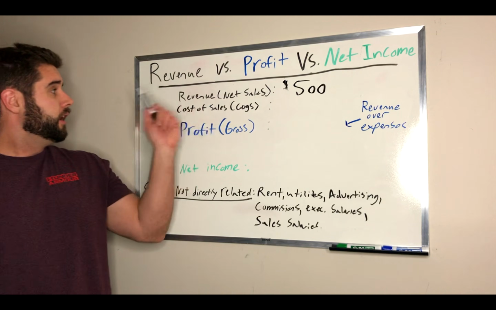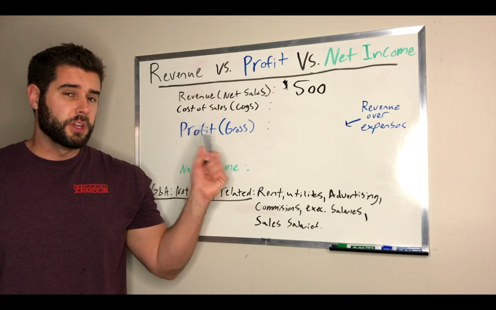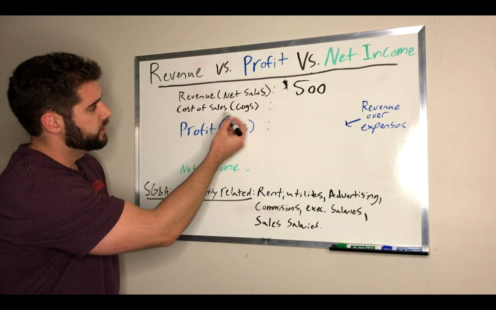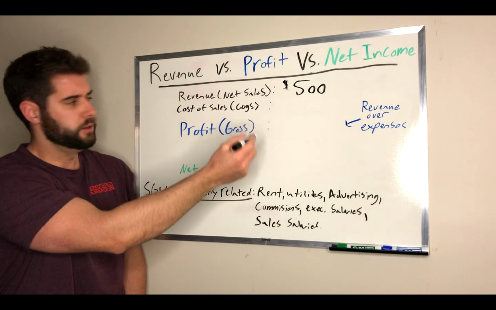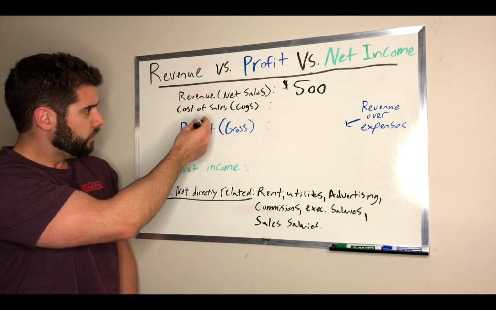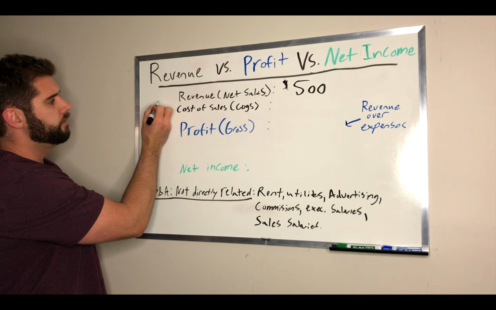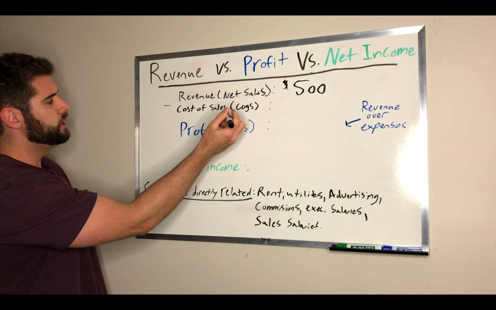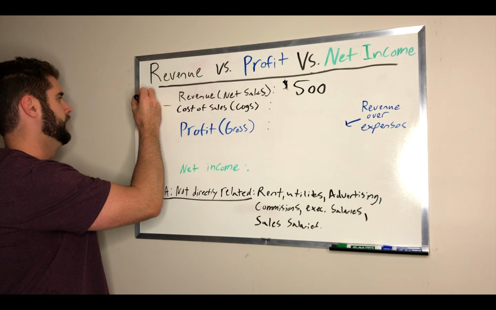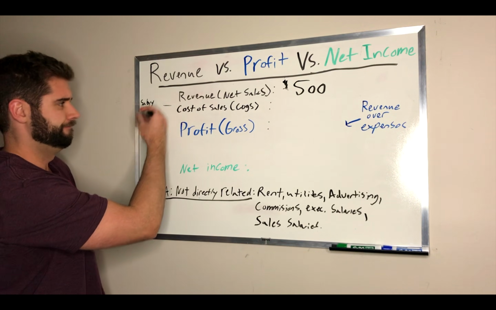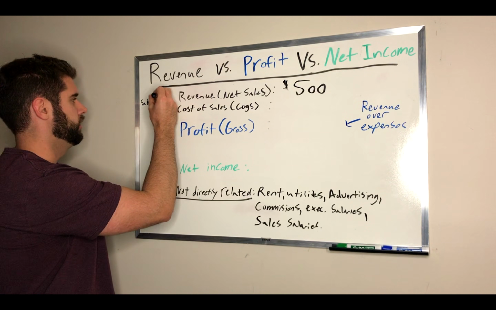Now, of course, with revenue, there's going to be costs associated with that as well, right? So this is where the cost of sales, or cost of goods sold, comes in. You'll see this in income statements, and these are accounting terms. So for cost of goods sold for these t-shirts, you might have, say, salary. Say you pay somebody $100.